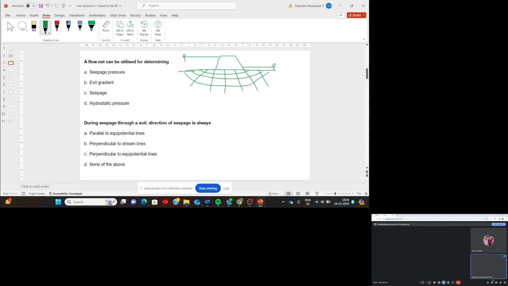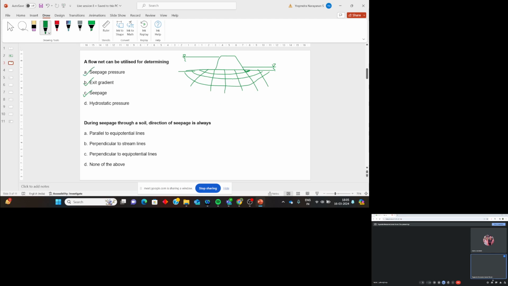So, what are all the quantities you can determine? Seepage quantity, that is obvious. As you said already, exit gradient also can be determined if you know the dimension of the exit flow channel. And you can also determine seepage pressure.